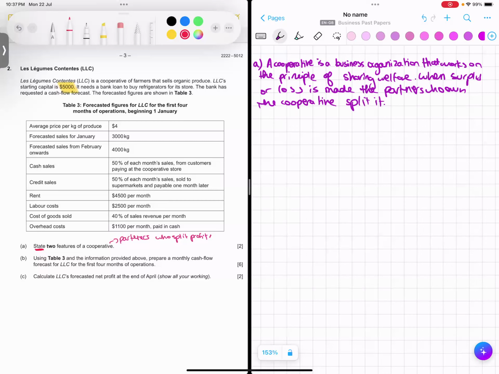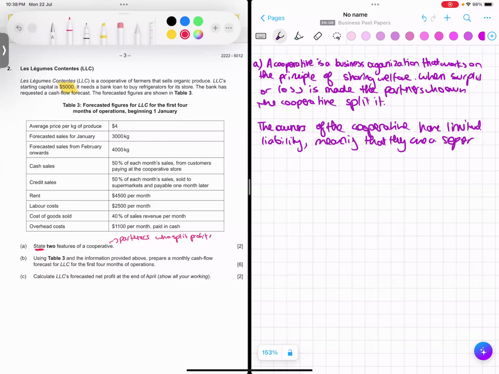The second feature is that the owners of the cooperative have limited liability, meaning that they are a separate entity from the business organization.